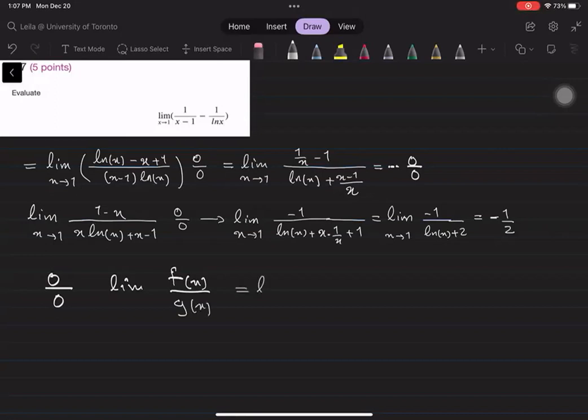So this is basically equal to doing f prime of x over g prime of x. But just remember that they're separate. So it's not really like the quotient rule. It's just you take the derivative of numerator, derivative of denominator. And then usually for this one, you get 0 over 0 two times. So you have to do it again.